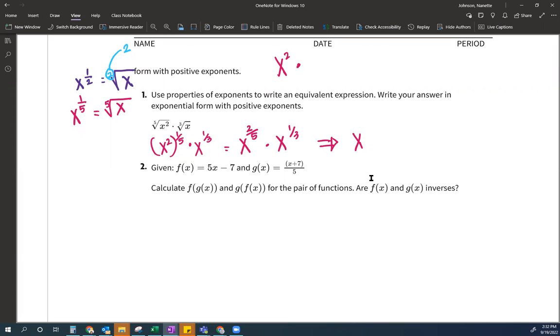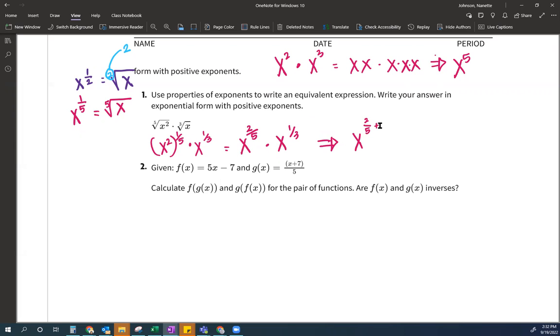That just means x times x times x times x times x, which is x to the 5th because there's 5 of them. So what did you do to the 2 and the 3 to get your 5? I just added them. So 2/5 plus 1/3, whatever that is, is my answer. And so we're really done.